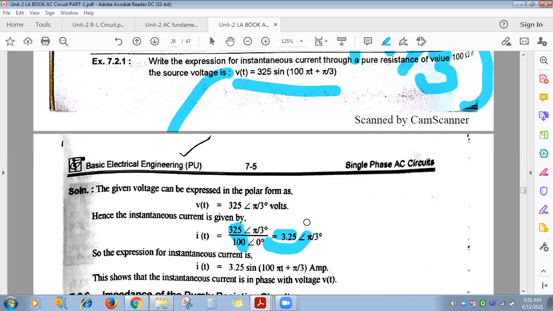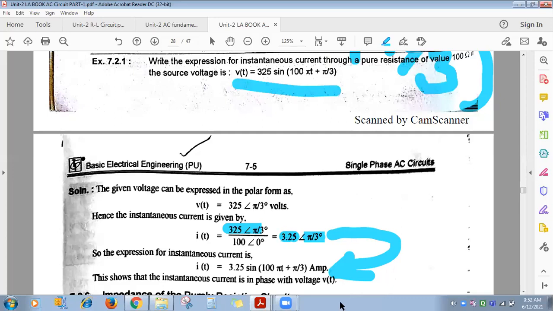And this angle, whenever you shift it to the numerator, is plus the angle, so it won't be affected. So plus 60 degrees. And whatever this polar form is, you can write it in instantaneous form. See here, which value of voltage have you used, RMS or peak? Peak. So whatever current you are getting here, 3.25, will be RMS or peak? Peak. Okay, here you have used peak, so the current also, whatever you got, is peak.